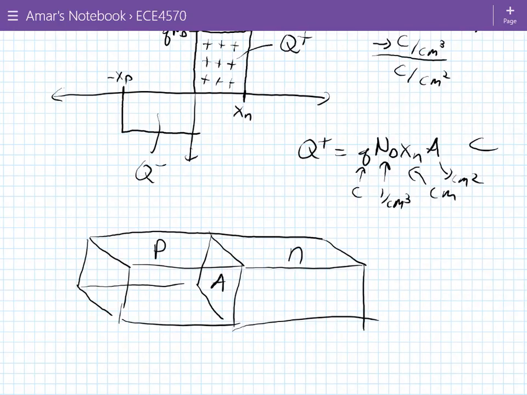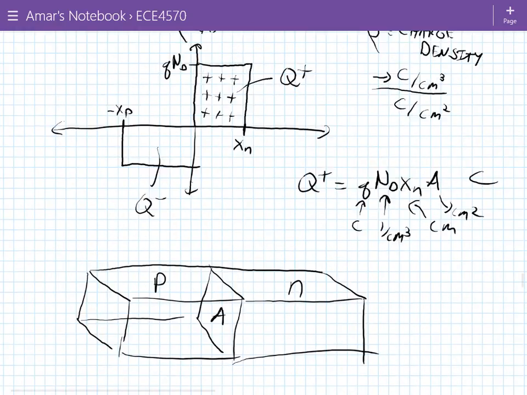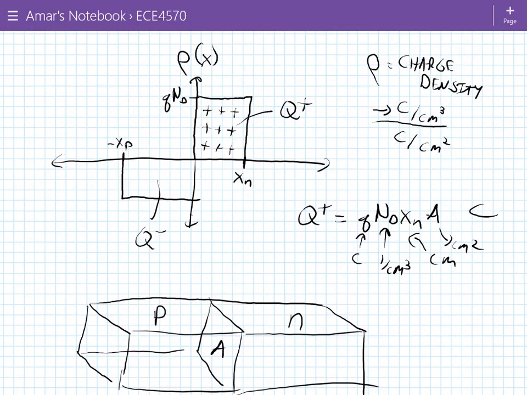Okay, this last part of charge equality will just take a few more minutes, so bear with me here. For Q minus, the charge density here is Q times NA. Remember, these are negative charges. The total charge on the left side of the junction is the area under the curve.